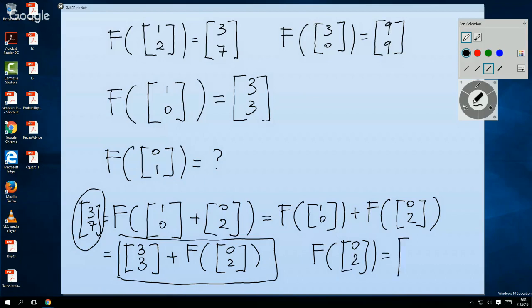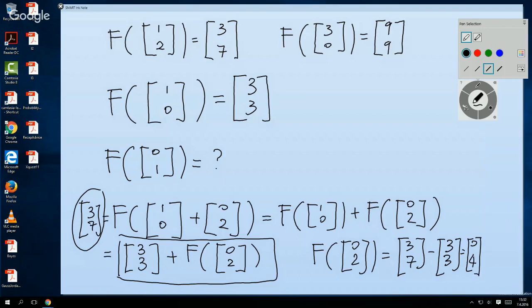Is equal to 3, 7 minus 3, 3. So that's equal to 0, 4. Okay, so f of 0, 2 is 0, 4.